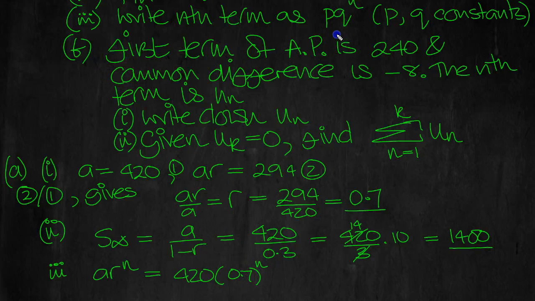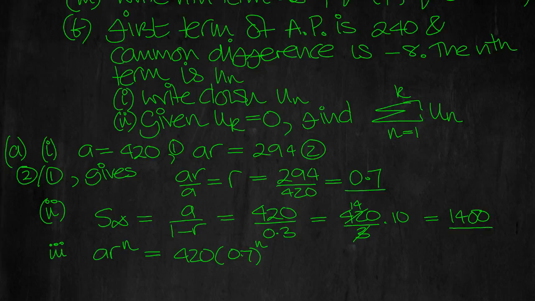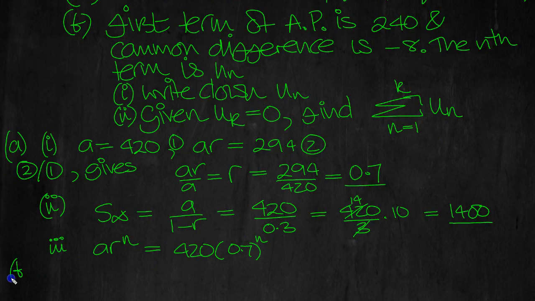Part B, first term of an AP is 240. So move on to part B now. So a is equal to 240, d is equal to minus 8, and then un is the nth term. Write down un, so part 1.